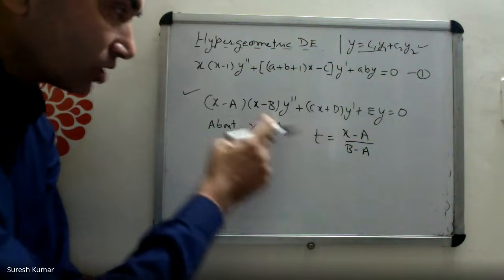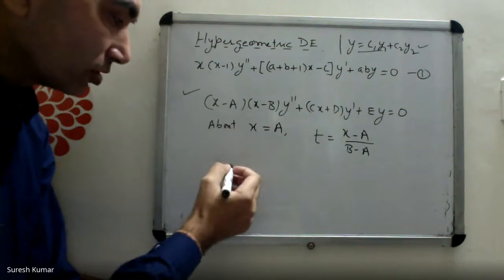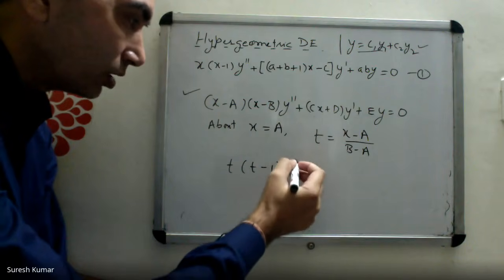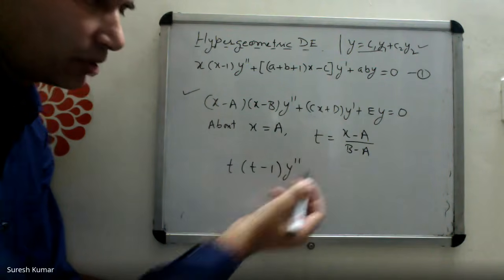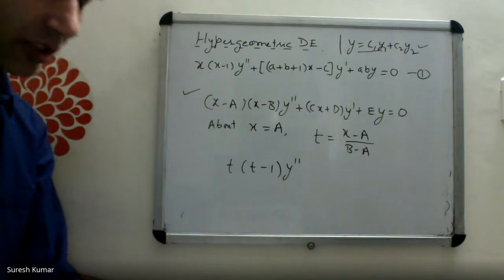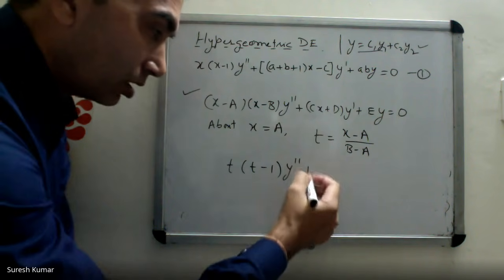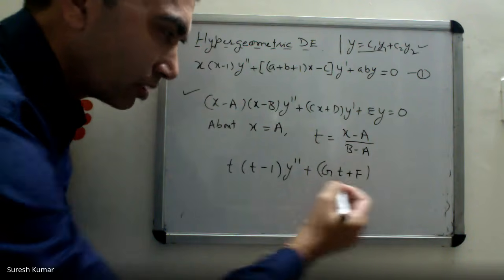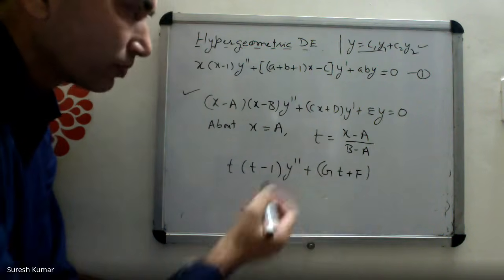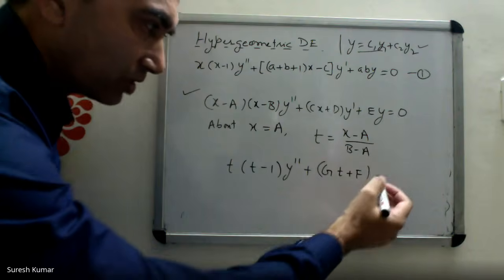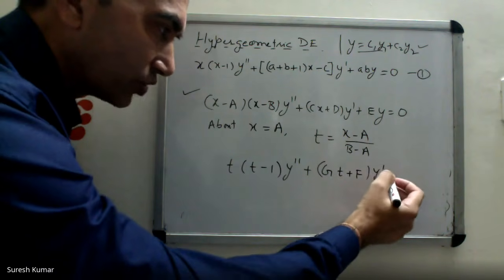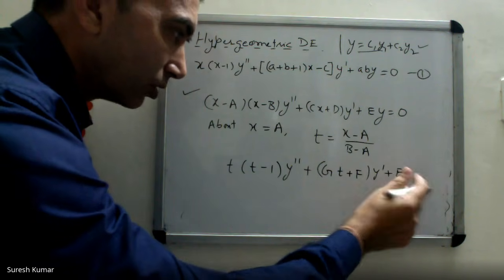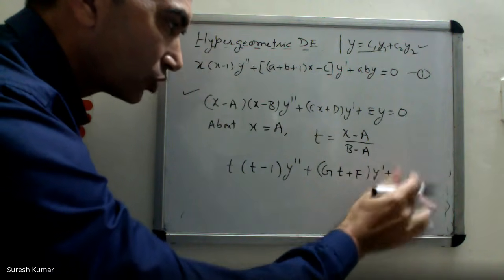Once you use this transformation in this differential equation, you get t(t minus 1) y double prime, where double prime is understood as the second derivative with respect to t, plus (Gt plus F), some constants G and F in terms of capital A, B, y prime, that you can check yourself, plus E y or some H, some other constant.